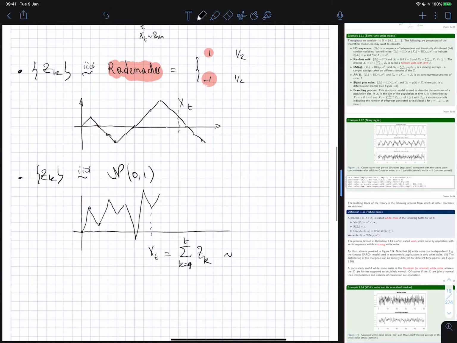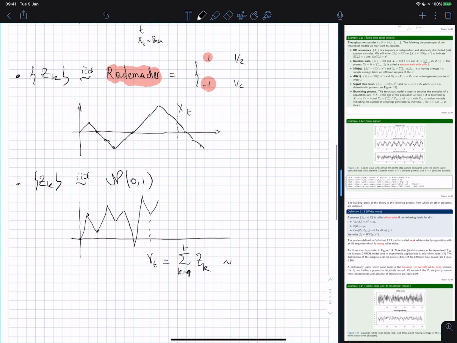So if the zk's are now normal, what is the distribution of the xt? Those of you who studied maths should know this very easily. No, it's not a chi-squared, if that's what you mean. It's much simpler. You have a sum of independent Gaussians.